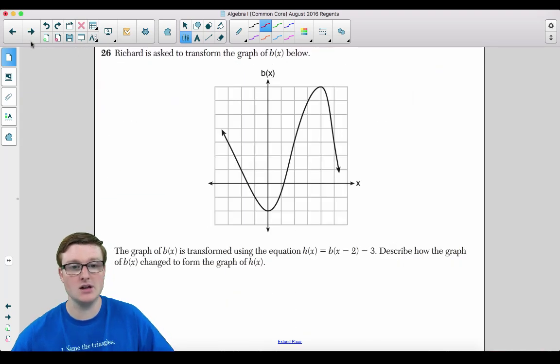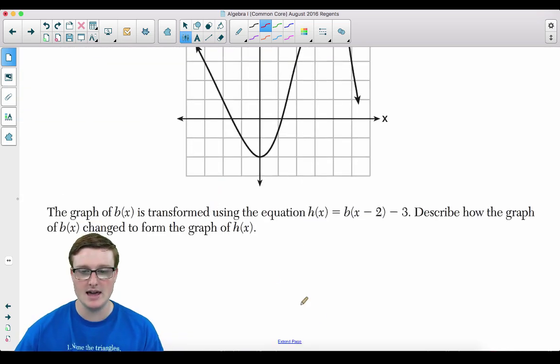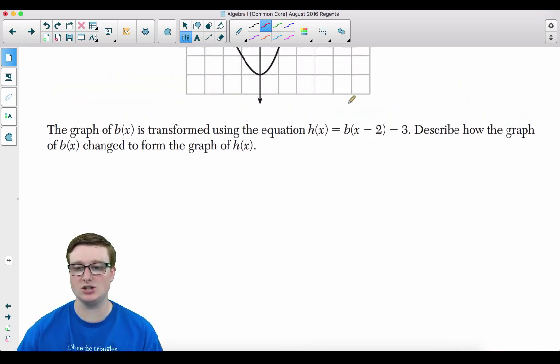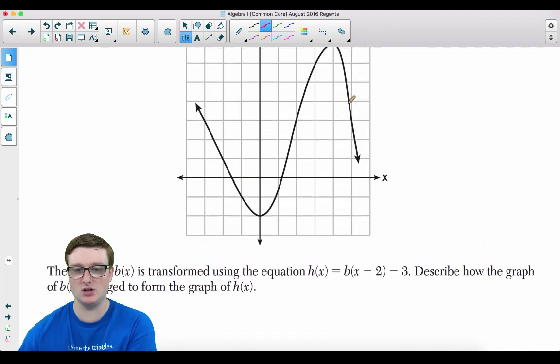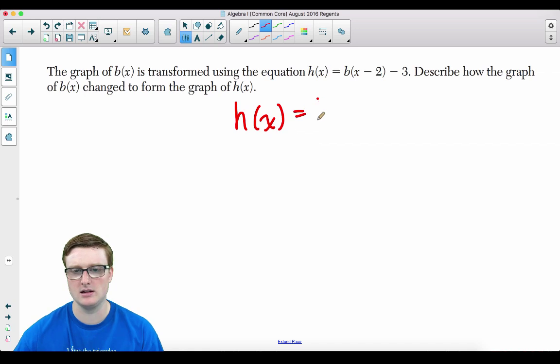Moving on to 26. Richard is asked to transform the graph of b of x below. The graph of b of x is transformed using the equation h of x equals b of x minus 2, minus 3. Describe how the graph of b of x changed to form the graph of h of x. What's going on here is we are analyzing the transformation that occurred.